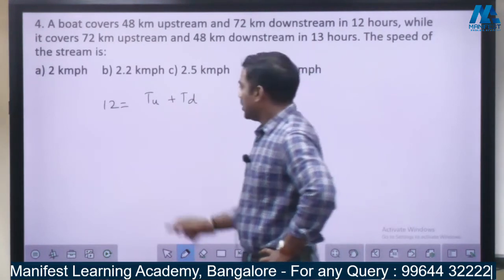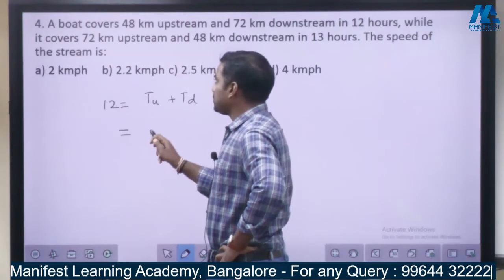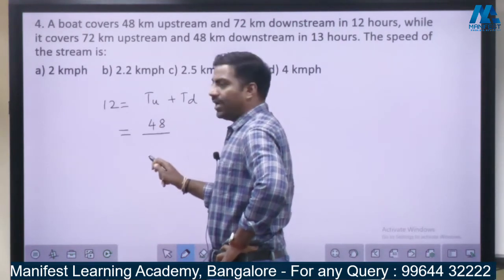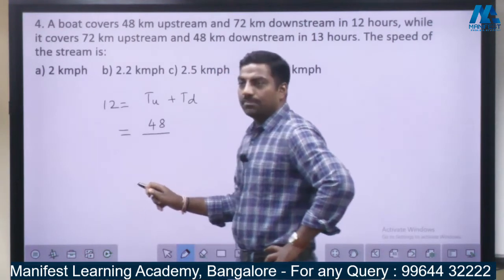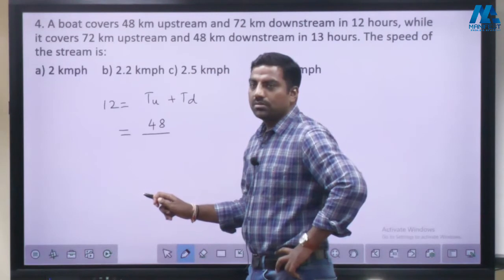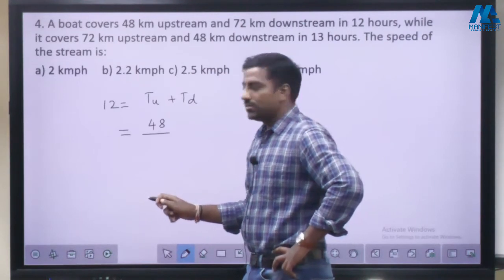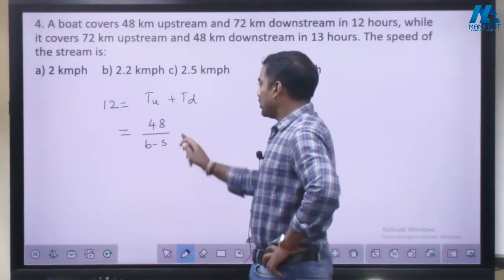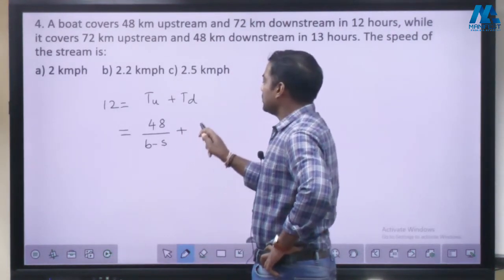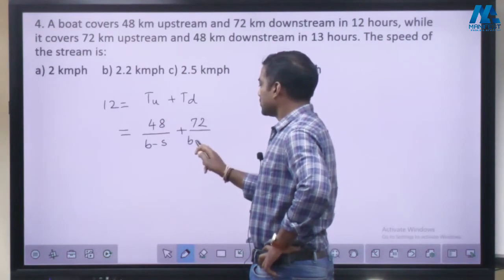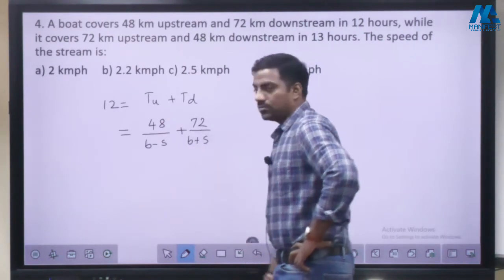Correct? So this time taken in the upstream is nothing but distance 48 kilometers divided by what is the speed in upstream, in terms of B and S. What about downstream distance? Correct?